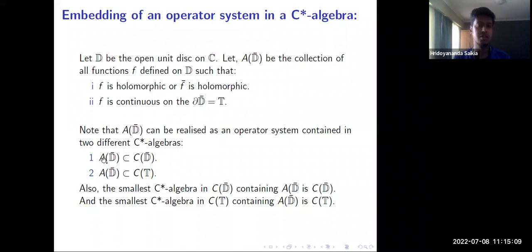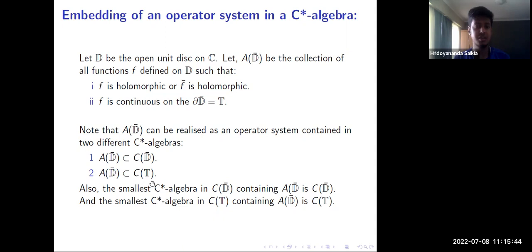Now, I have said that A of D bar is contained in the C-star algebra C of D bar. Now I can ask the question, what is the smallest C-star algebra contained in C of D bar that contains A of D bar? The answer is C of D bar itself. In the second case also, we can ask, what is the smallest C-star algebra contained in C of T that contains the operator system A of D bar?